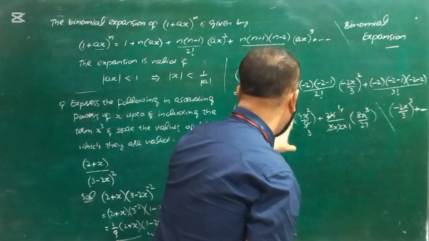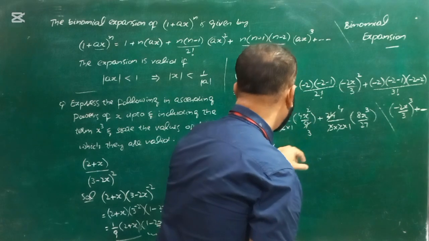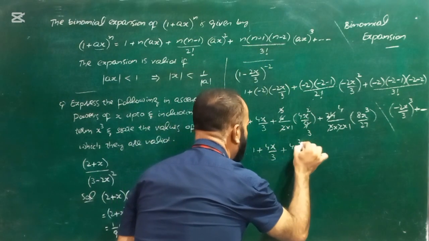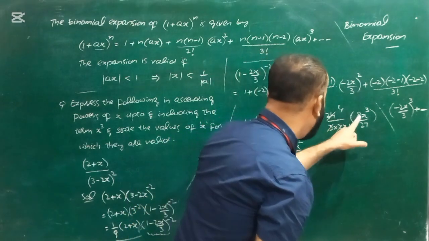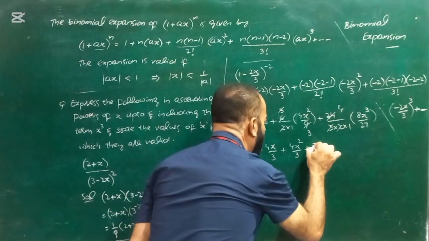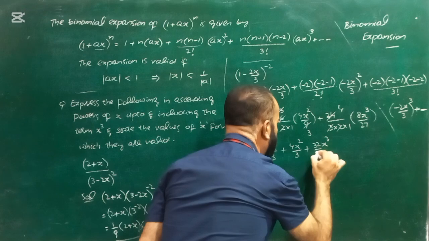Okay, from here it will be 4x square over 3. Okay, from here 8 fours are 32x cube over 27.